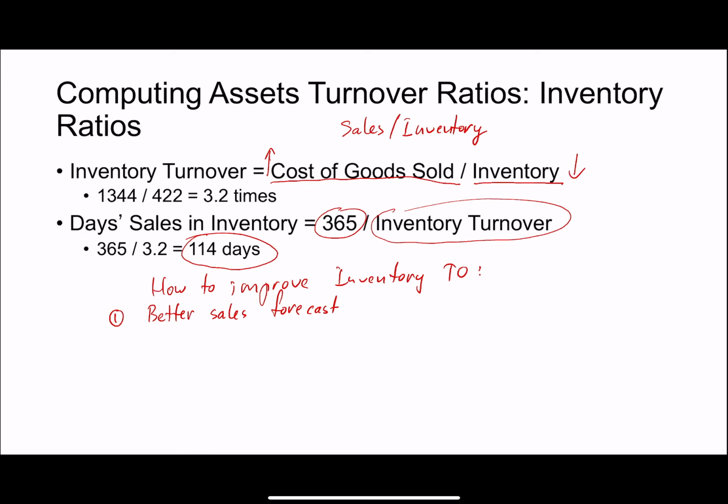But number two is more efficient supply chain and distribution. Okay? Because another reason why companies might have excessive inventories is because they have to buy a lot of raw materials in big bulks in advance because they're not connected well with their suppliers.